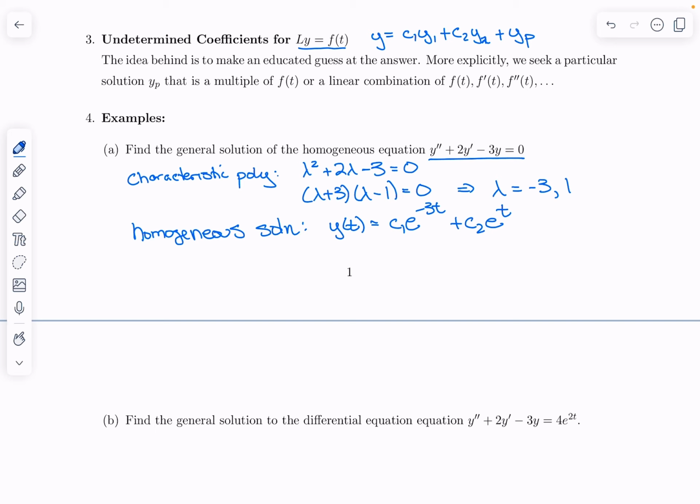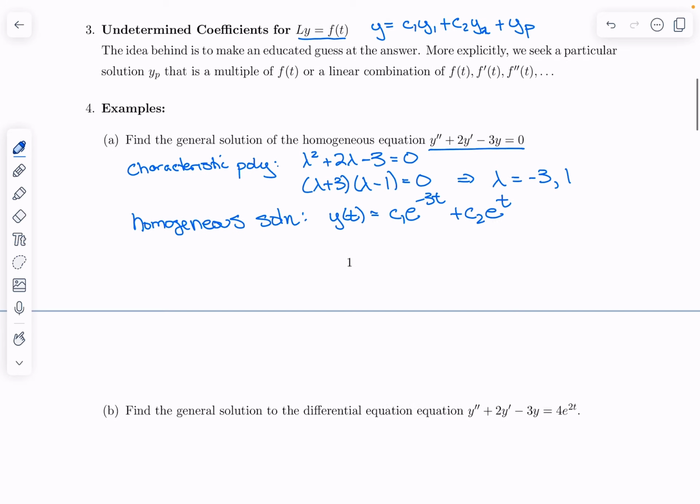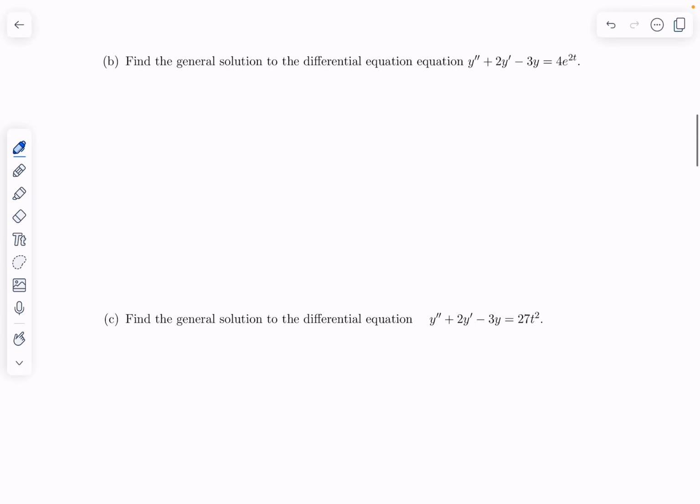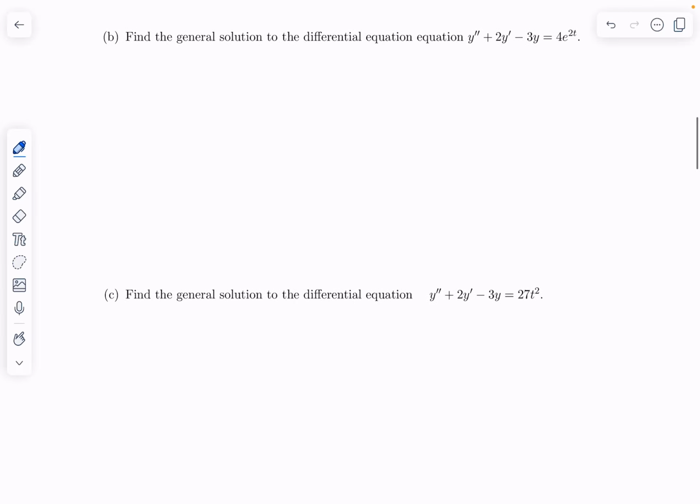Now we will use this homogeneous solution throughout to help us solve some non-homogeneous equations. So I'm now going to pose the non-homogeneous differential equation y double prime plus 2y prime minus 3y equals 4e to the 2t.